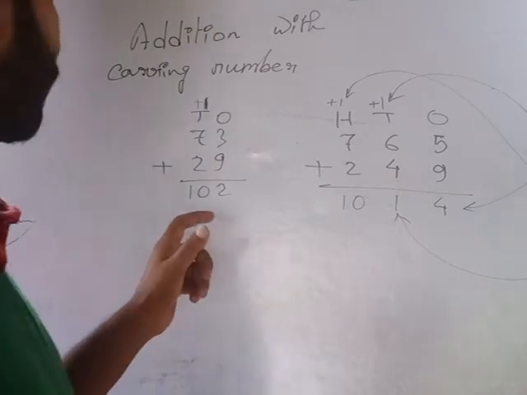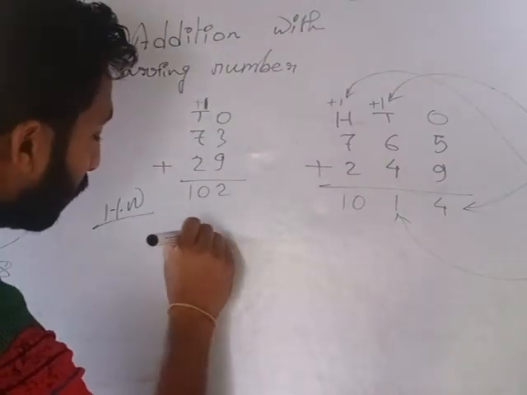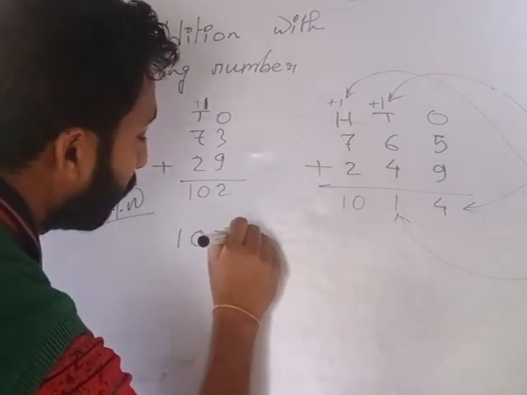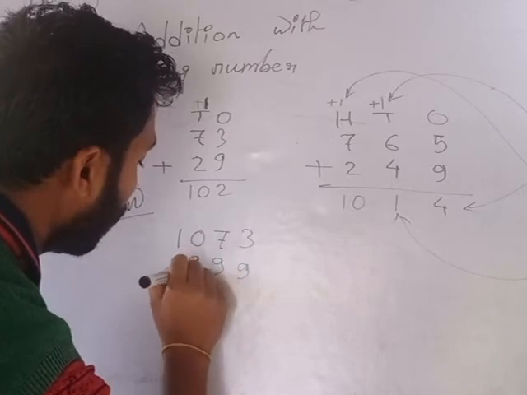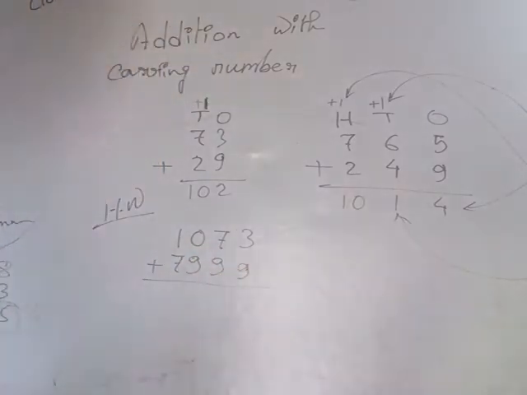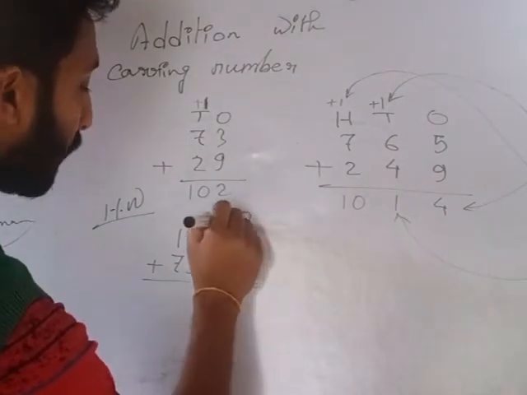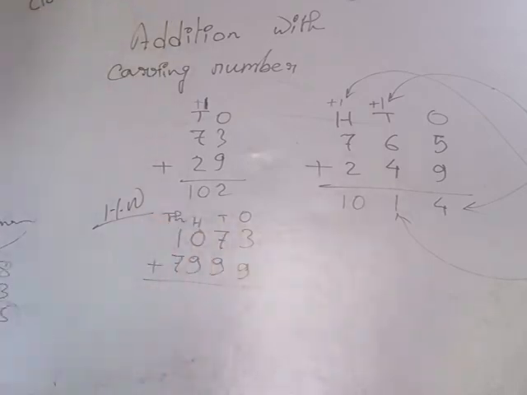Okay, and this is your homework. 1073, 9997. Let's do it. These are ones place, tens place, hundreds place, and thousands place. So many examples over here.